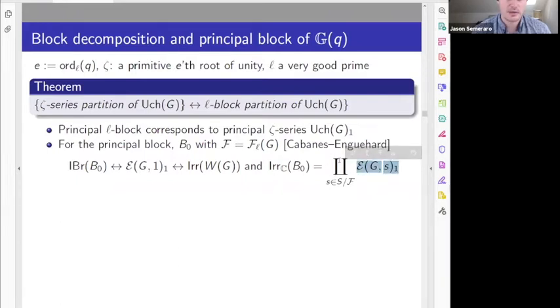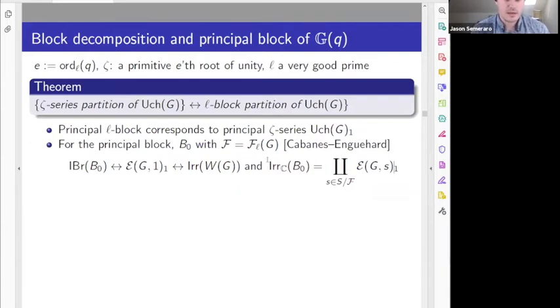So what we do is we run over all the semi-simple l'-elements inside the Sylow subgroup S of the group G, up to F-conjugacy, where F is the fusion system of G. And for each of those, we look at the corresponding Lusztig series and just take the principal zeta series inside there. Okay, so this is the theorem of Cabanes-Enguehard, which tells us basically how to parameterize irreducible characters inside a particular block, in particular the principal block, which will be the block of particular concern for us today.